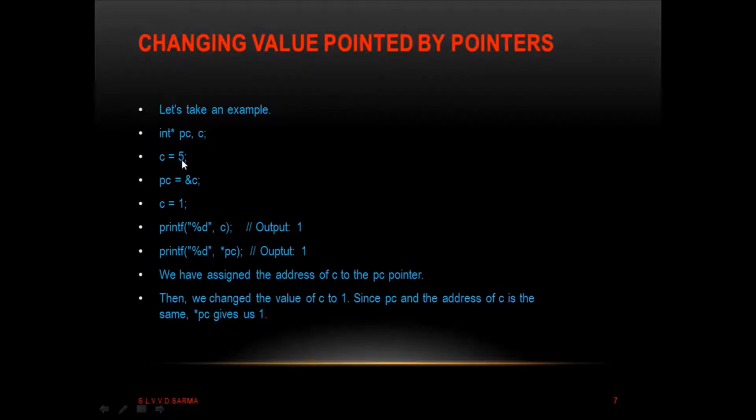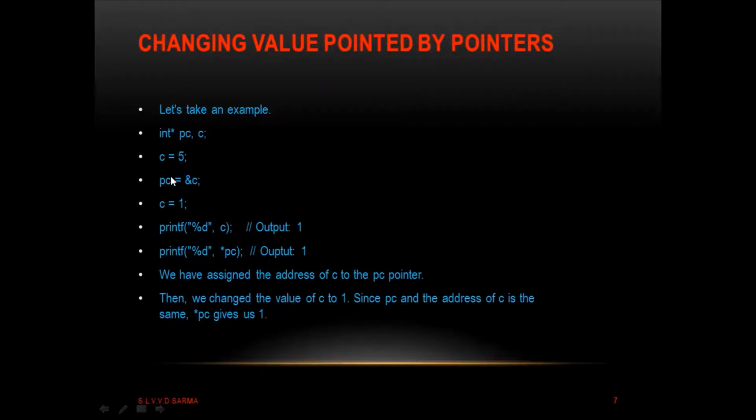C equal to 5, so we are assigning the constant value 5 to the variable C. Now PC equal to ampersand C. Ampersand C gives the address, and this address we assign to the variable PC. PC is a pointer variable.